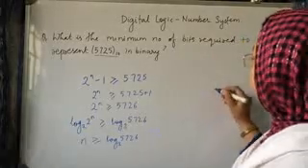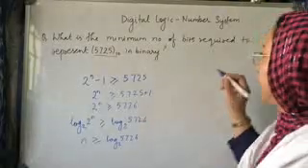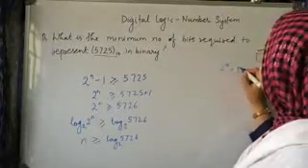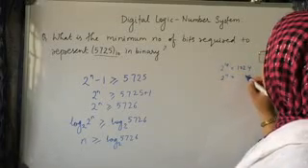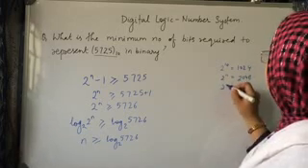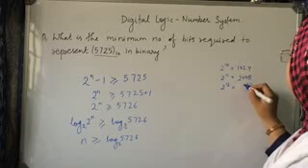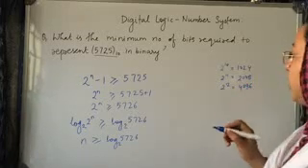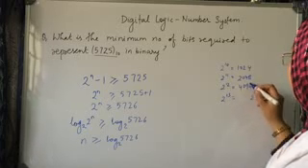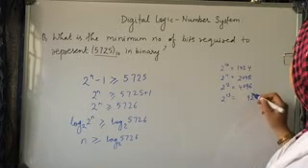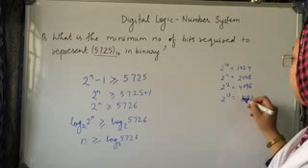So for 5726, 2 to the power of 10 is what? 1024. 2 to the power of 10 is 1024. 2 to the power of 11 is 2048. 2 to the power of 12 is 4096, and 2 to the power of 13 is 8192.